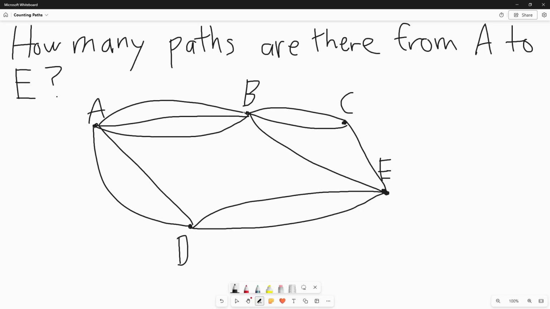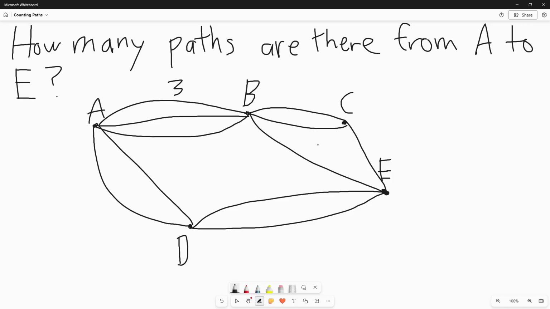Now let's focus on the part where you can go from A to B. So from A to B there are 3 possible paths, so let's just write that now. And from B to E is kind of complicated because you can either go directly to E or go from C and then to E. So what we can do is calculate the number of paths that touch C, and then calculate the number of paths that don't touch C, and then add them together.